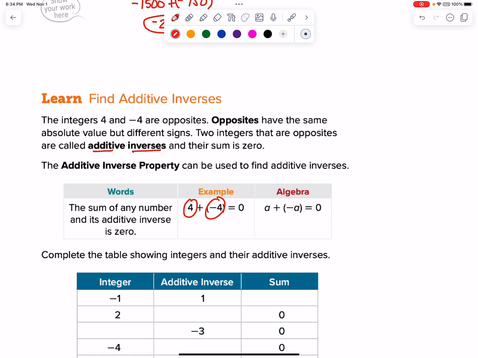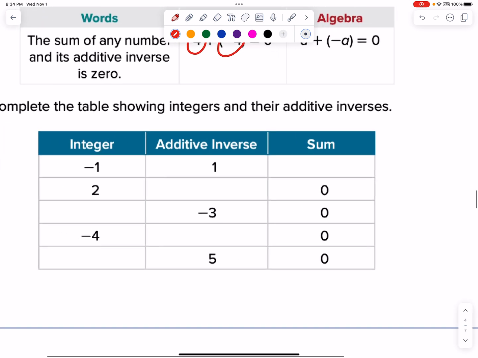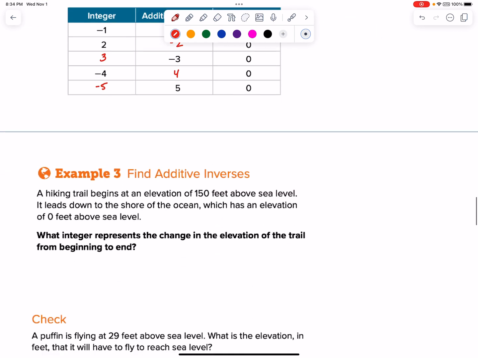Okay, it's what you're adding to create 0. Okay, so if you look at this table, we have a negative 1. The additive inverse of that would be 1, which would equal 0. So if you have a positive 2, what would be the additive inverse? A negative 2. If you have a negative 3, you have 3 as the additive inverse. If you have a negative 4, obviously the opposite, which is all we're doing. So pretty simple. That's what additive inverse is.